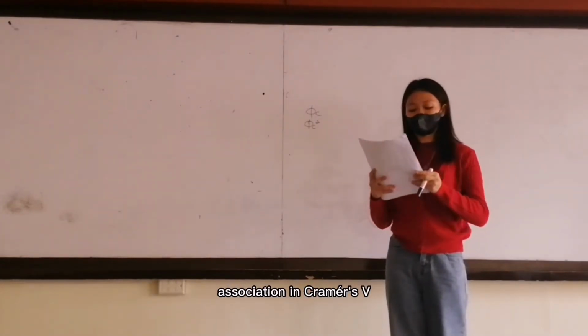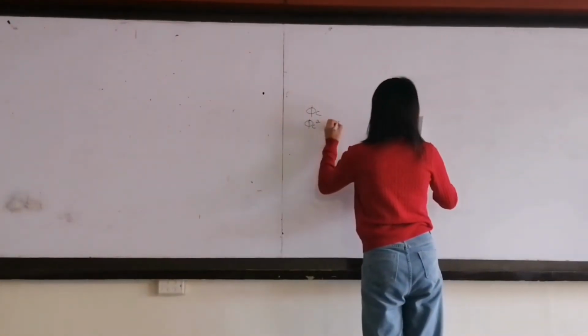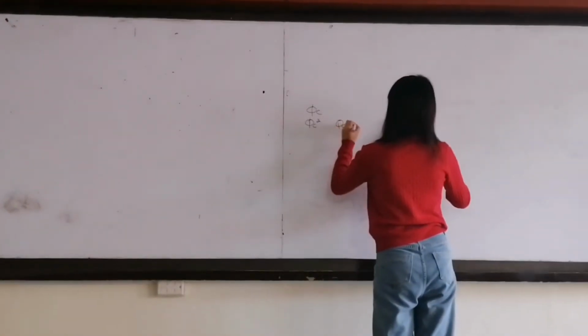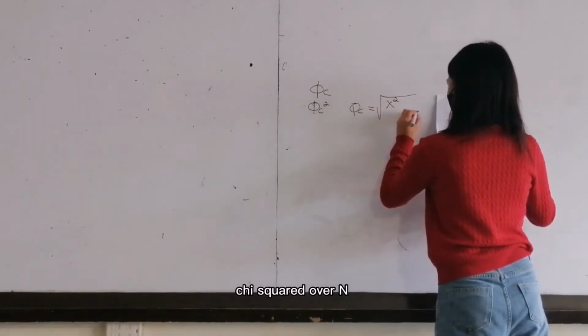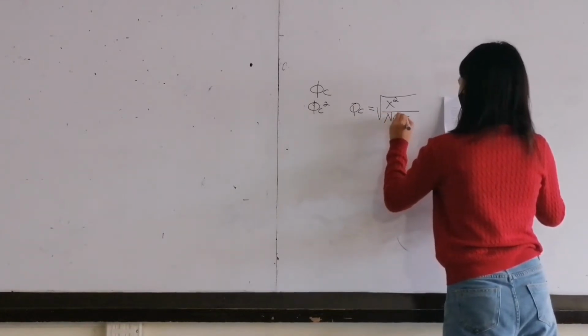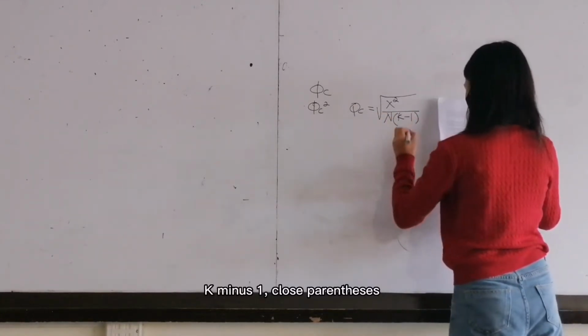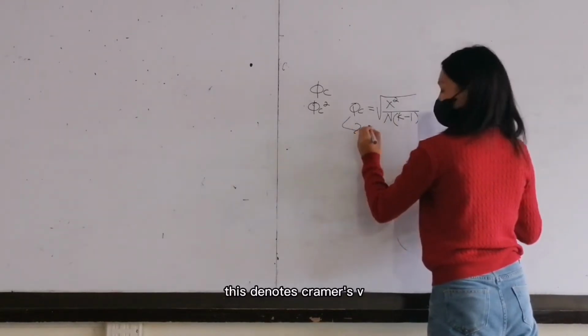The formula is V equals the square root of phi squared over n times (k minus 1). This is the Cramér's V.